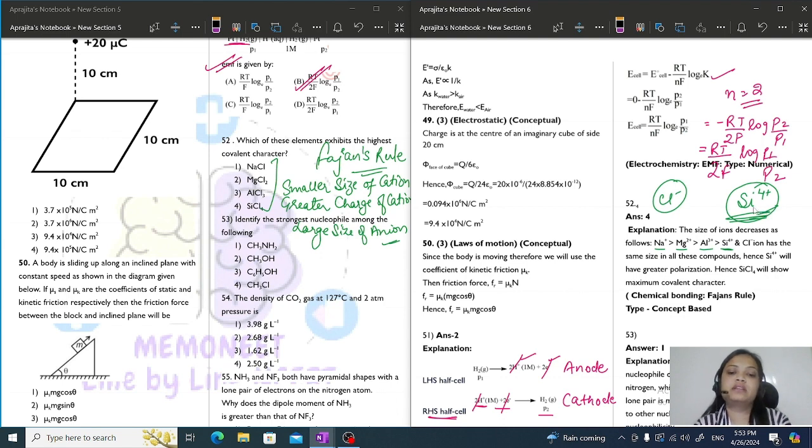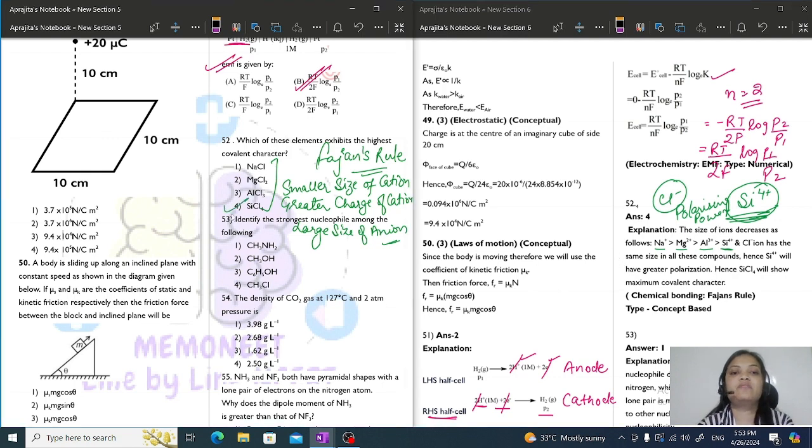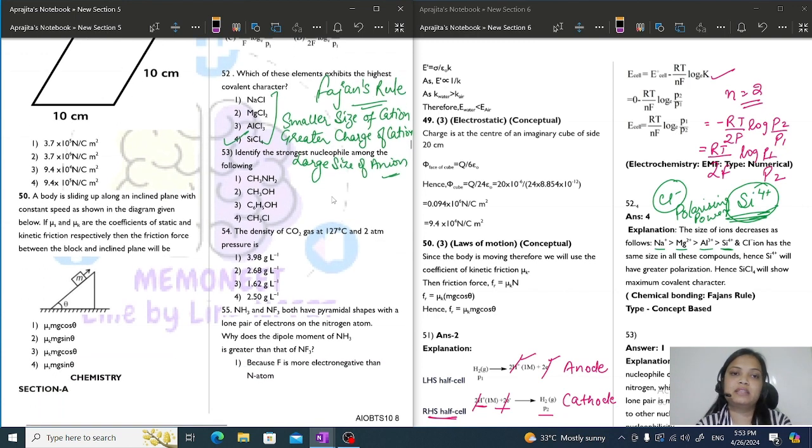So its charge density is more and it has more polarizing power. So it will polarize the anion to the maximum extent, and that is why SiCl4 will have the highest covalent character. So that is the answer.